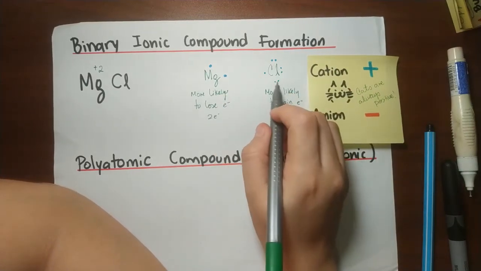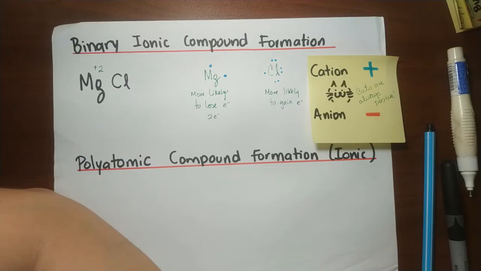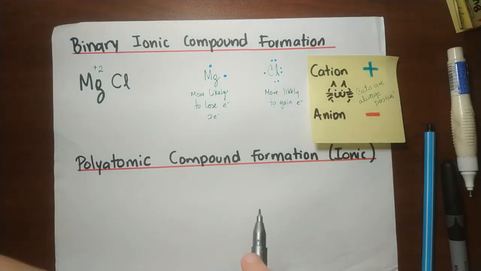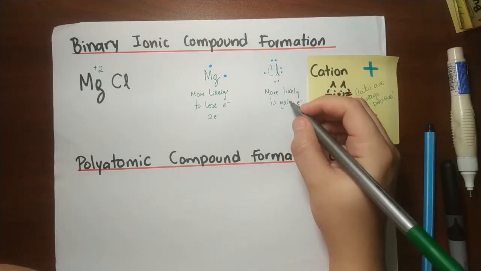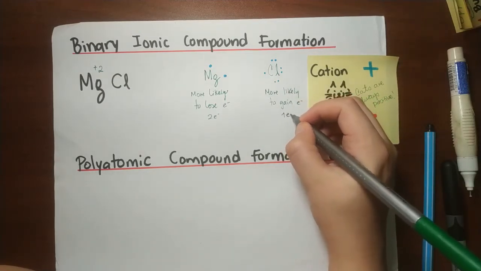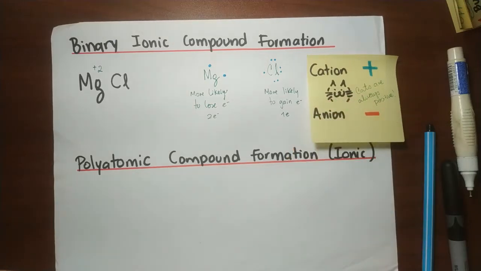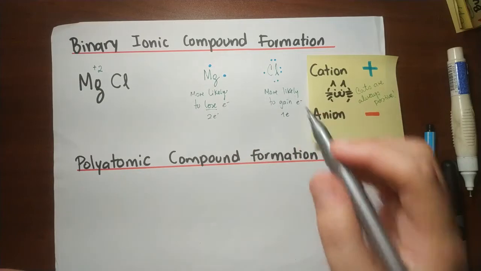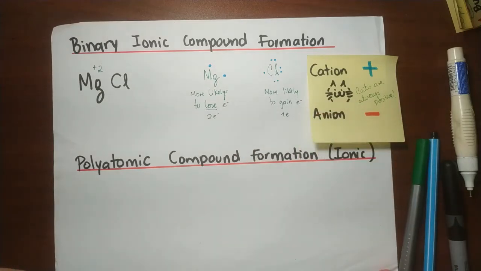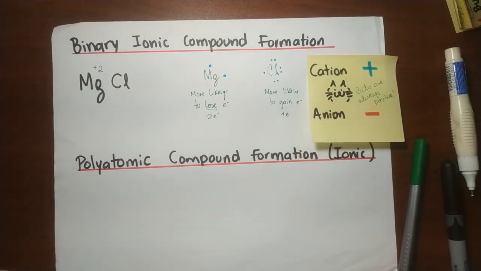As you can see, as it has 7 dots, it means that it needs only one electron to have accomplished the octet. So that means that chlorine is more likely to gain 1 electron. Therefore, the one who loses is going to become the cation.